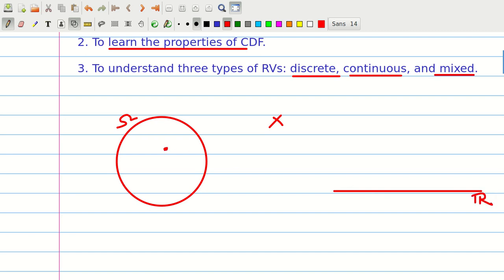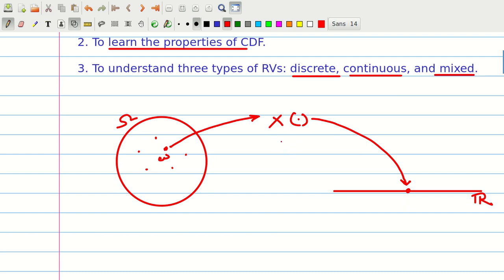Let us consider there is some sample point in the sample space, then that sample point, say small omega, gets mapped through the random variable X onto the real line as a real number. In general, a set of points in the sample space will all be mapped onto different points on the real line, forming an interval on the real line through the random variable X.